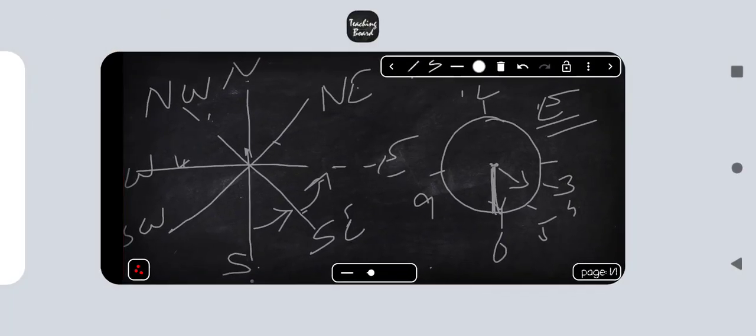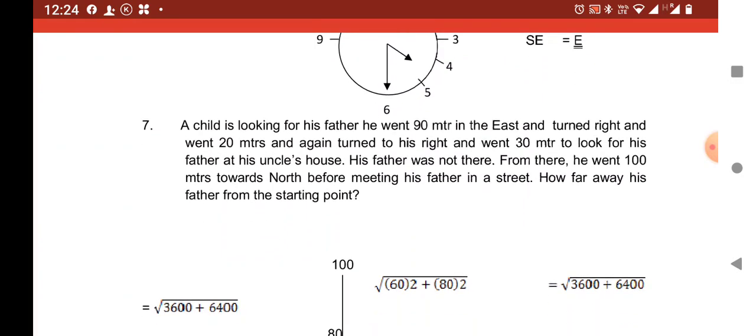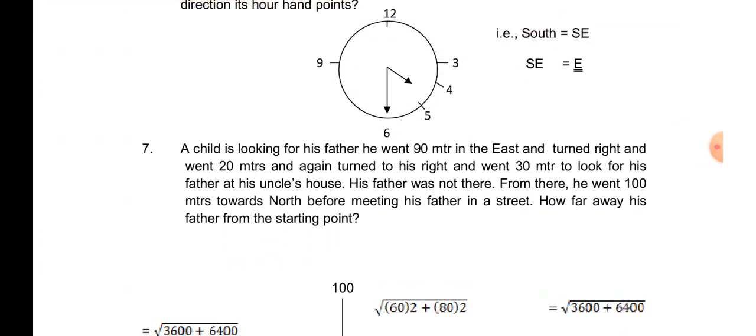Okay, let us see the next question. Question number 7. A child is looking for his father.